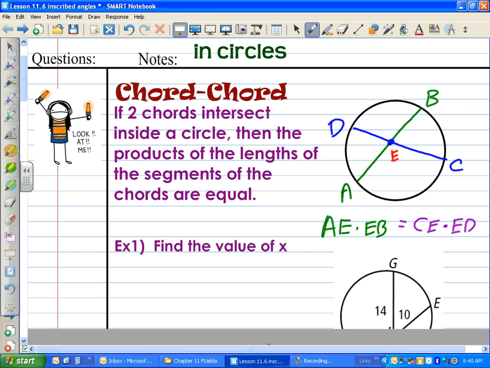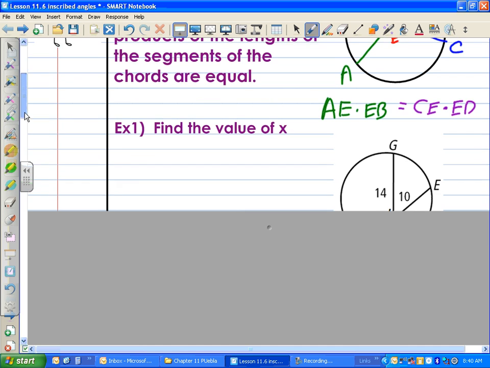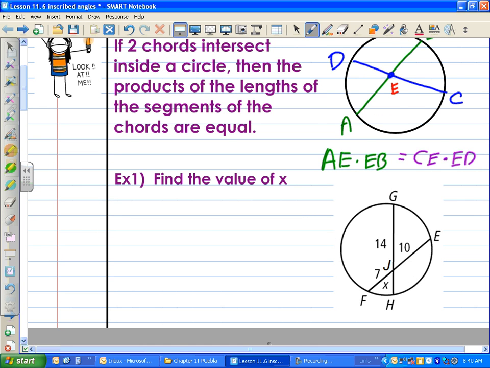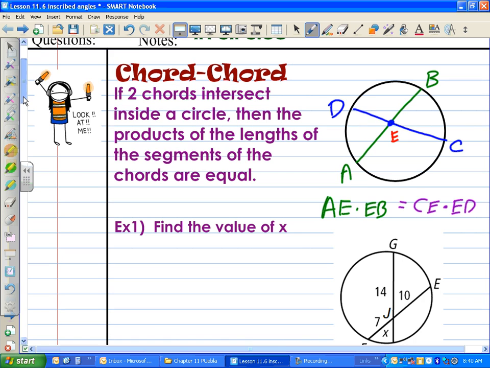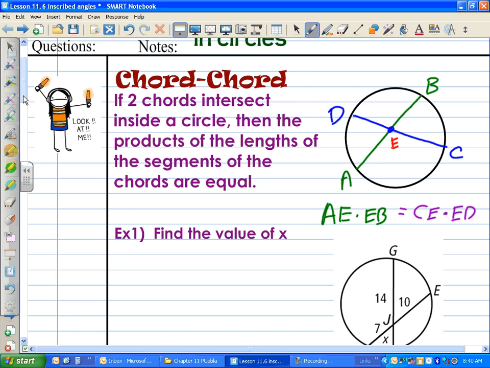You guys have that one on here? Okay, so again, let me give you some numbers. Let's say make this a 6, an 8, and this a 4.